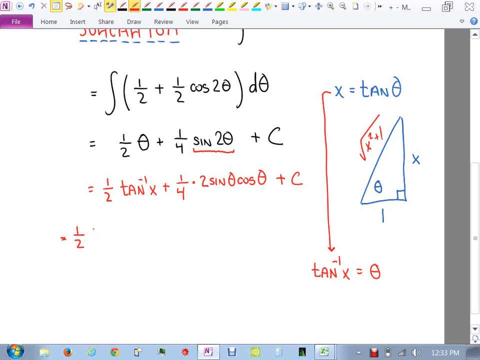Well, it's going to take care of itself. Watch. And this is going to become the 2 over 4, which is just 1/2. Sine was x over square root x squared plus 1. Cosine was 1 over square root x squared plus 1 plus c.